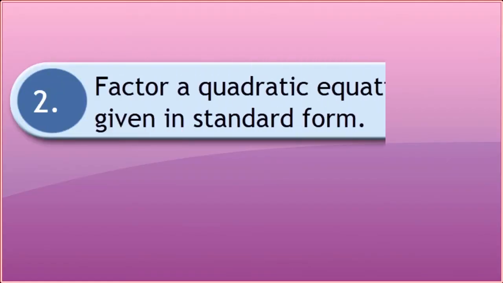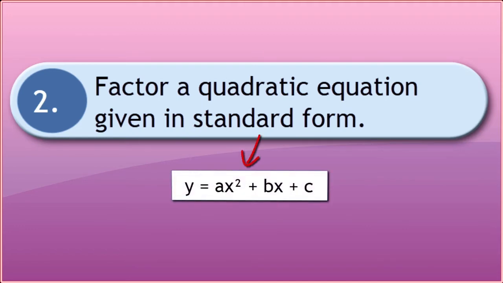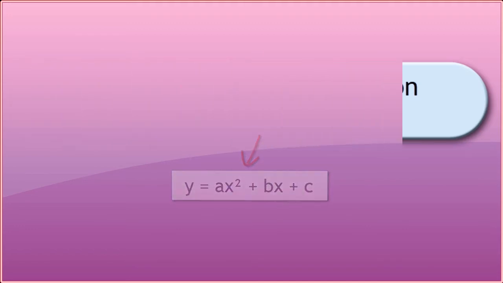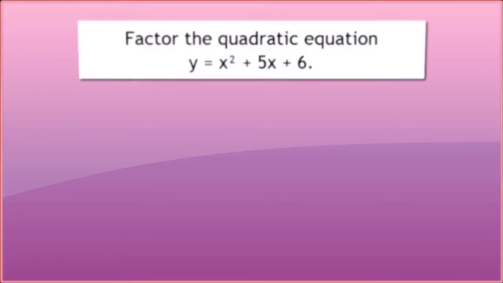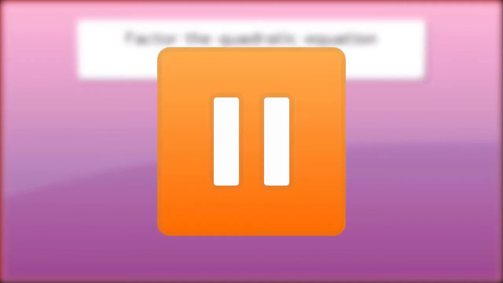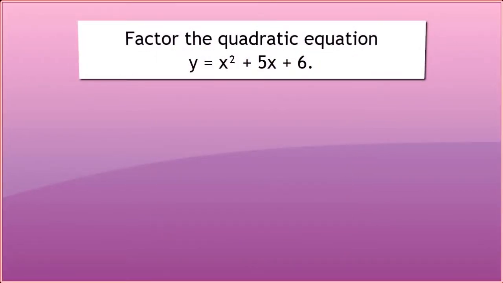Number two. Given a quadratic equation in standard form, you should be able to factor it. Let's try an example. Consider the quadratic function y equals x squared plus 5x plus 6. Pause here if you'd like to try the question yourself. Since the coefficient in front of x squared is 1, this quadratic function is easier to factor.